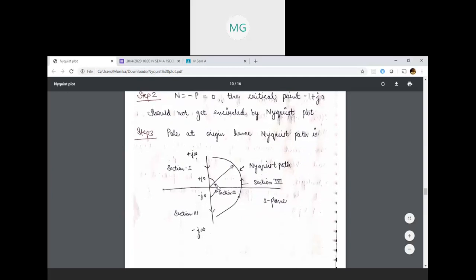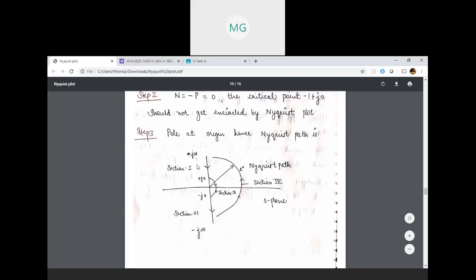You will take two points very close to the origin, one is +j0, the other is -j0, and you will draw a semicircle whose radius tends to 0. But you have poles at infinity also, so you will draw a bigger semicircle which covers the entire right half of the S-plane, and whose radius tends to infinity. This is your Nyquist path.